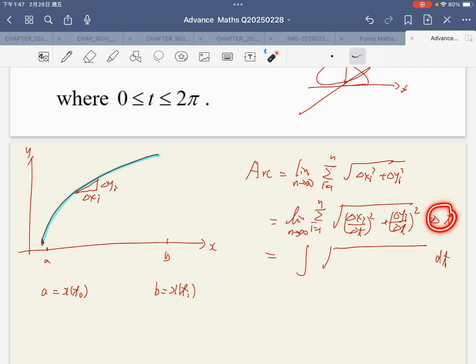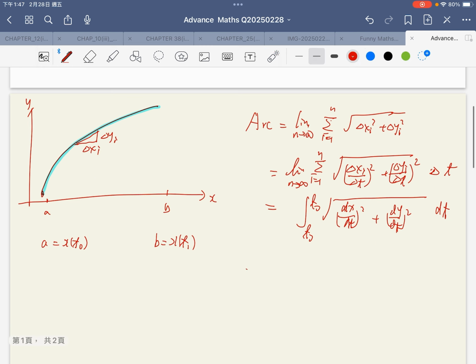This corresponds to dt, and these two correspond to dx over dt all squared plus dy over dt all squared. And the domain, because it corresponds to t, we write t0 to t1. This is the arc length formula for parametric form.